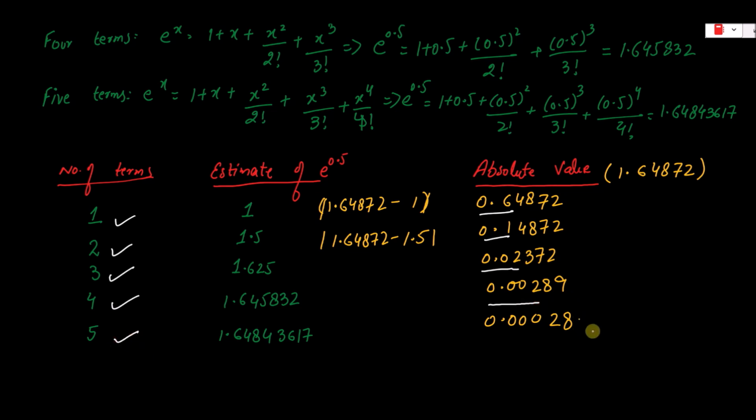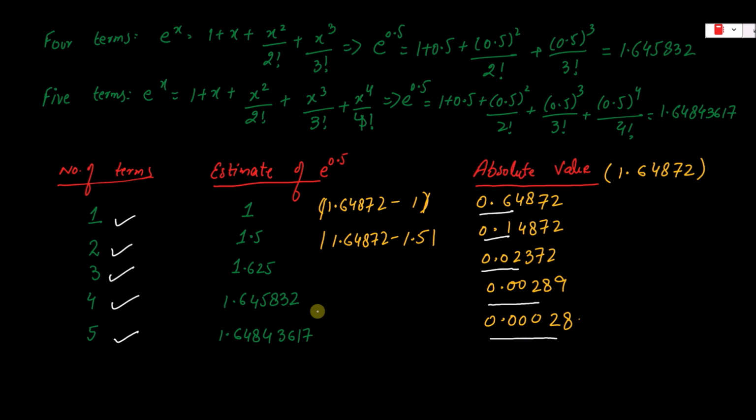And when we choose five terms, the error is reduced to 0.0002. It means that in order to reduce the truncation error, you need to choose a maximum number of terms. If you choose the maximum number of terms, your truncation error will be reduced. And if you choose a minimum number of terms, your truncation error will be increased, or vice versa.